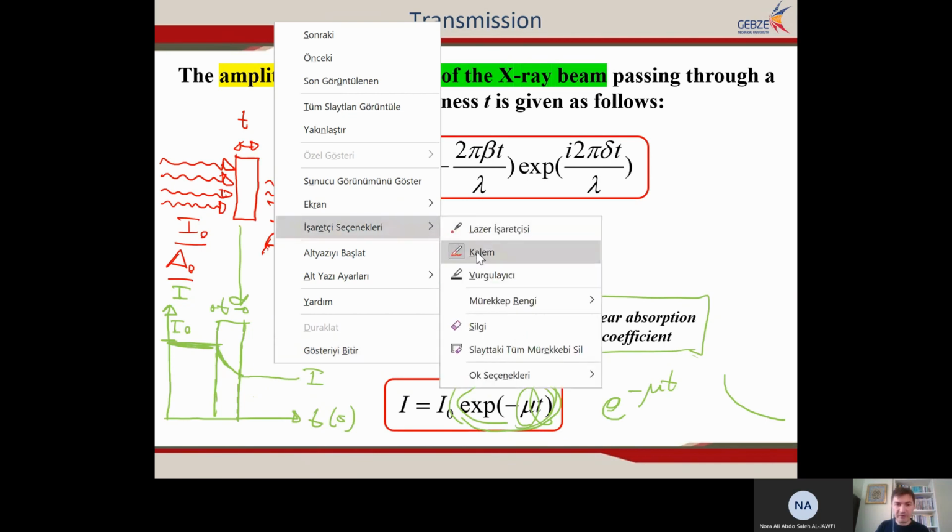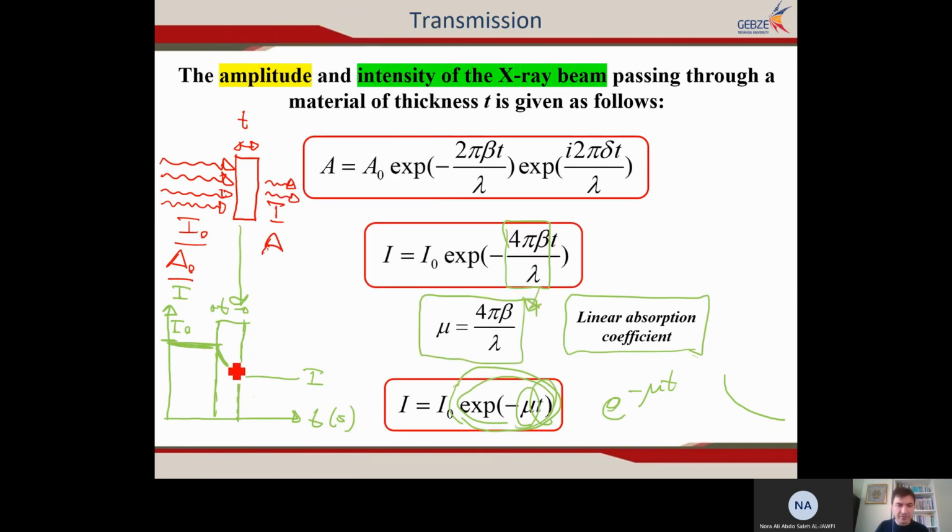Let me also discuss this point. Let's consider that you have a material with higher mu. Then it will be like this. If the linear absorption coefficient of the material is higher, then the intensity will drop faster.